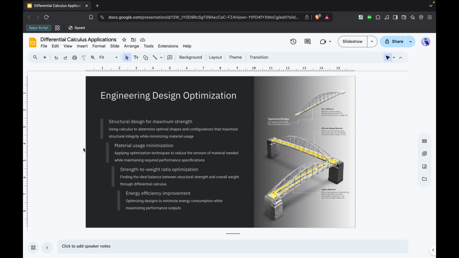The second one goes hand in hand with the first one, where we're trying to minimize the amount of material, but still making sure we have the required performance and maybe even going above and beyond the performance with the material usage minimization.